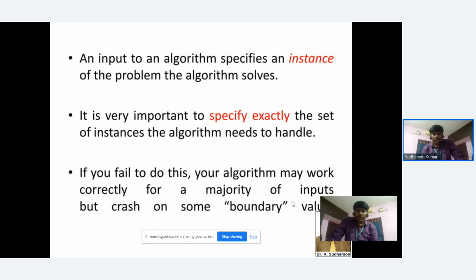We have to understand the problem definition first, and we have to specify the instances. So if you do these things, you can understand the algorithm very easily.